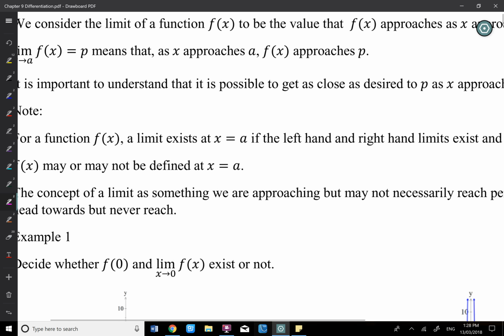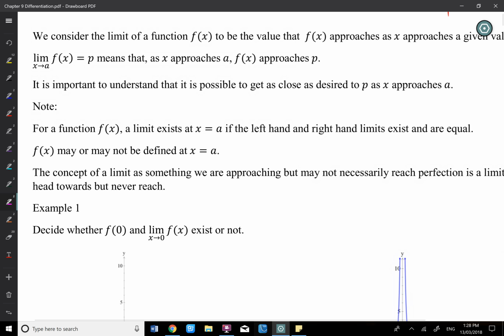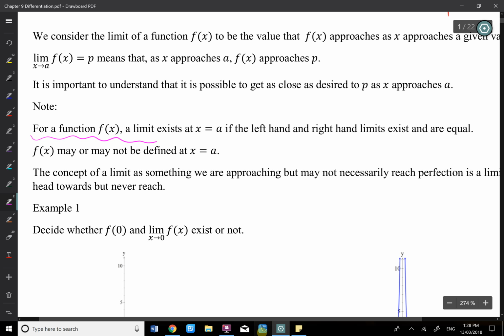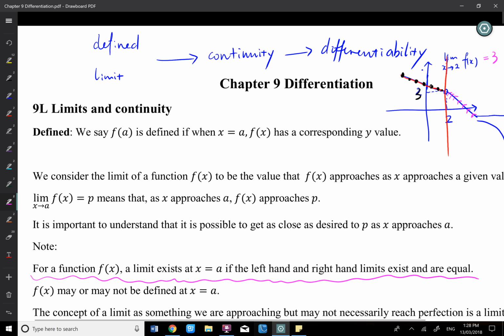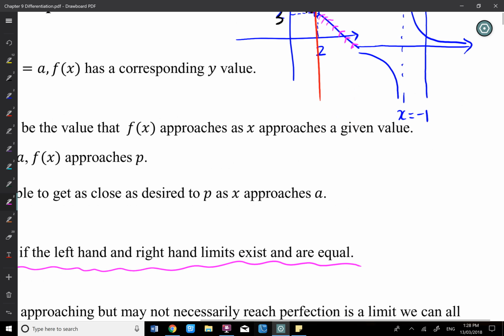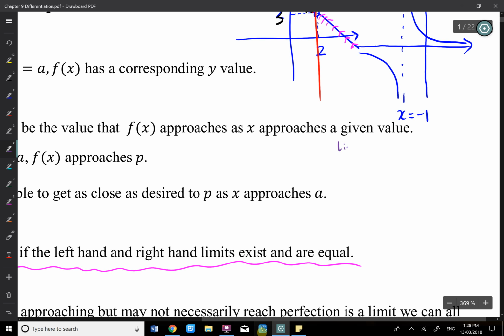We have a limit. But to make a limit exist, for a function, a limit exists at x equals a when the left hand side and right hand side limits exist and are equal. So in this question, what we can write is the limit as x approaches 2 from the negative side, which is the left hand side, of f(x) gives you level 3.